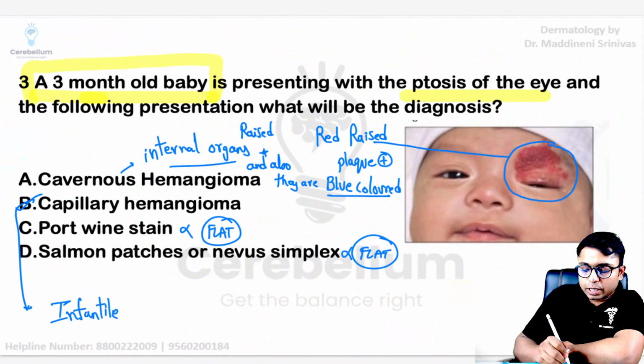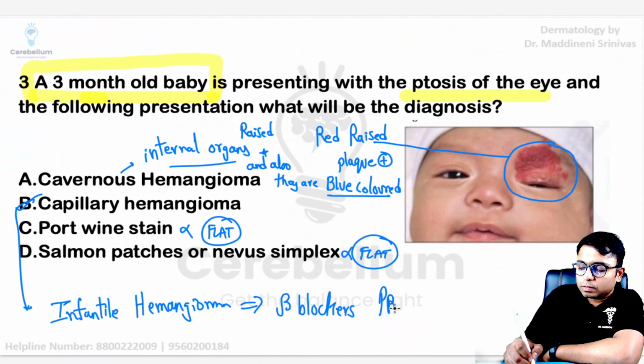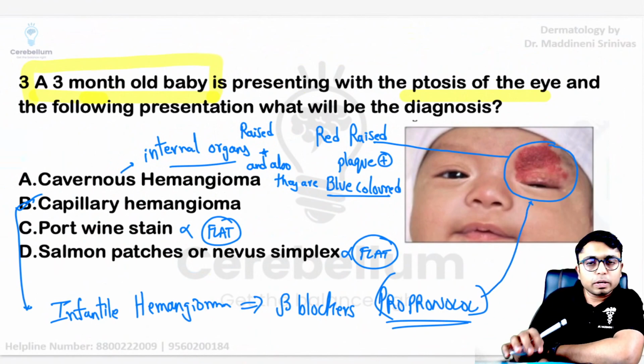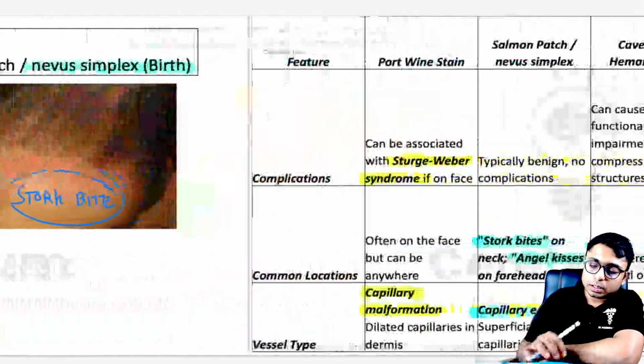So if the child is having symptoms due to this, then we can use beta blockers as the treatment modality. Beta blockers, which is propranolol, which is routinely used. Propranolol can be used, as in this case it is causing difficulty in the vision. So if at all need arises, we can use this medication in these children.